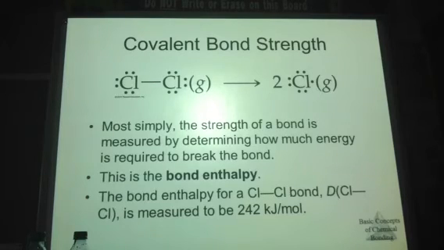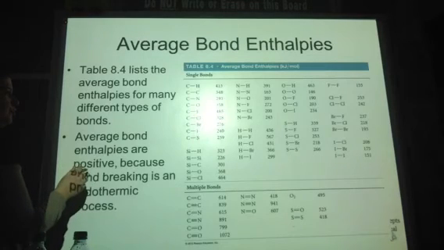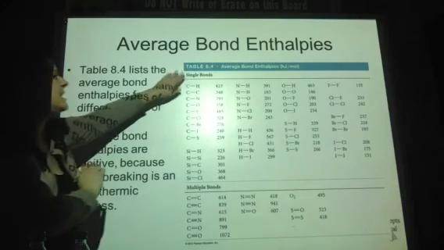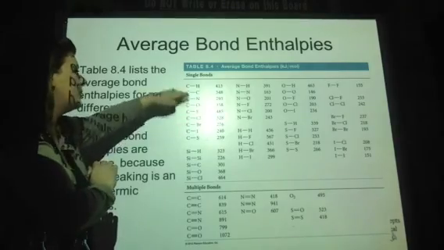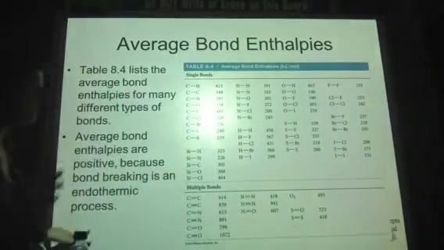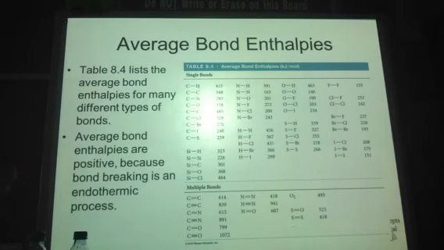Okay, let's keep going. Table 8.4 in your book lists some average bond enthalpies for many different types of bonds. We have a CH bond, carbon-carbon bond, carbon-nitrogen bond, and you can look at all of those, since we have those already calculated.